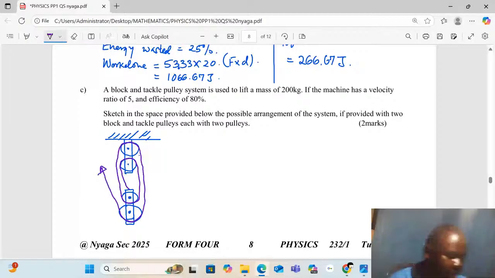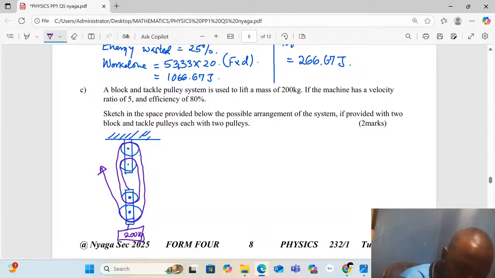So now, if you count this one properly, then we shall have the rope supporting. Remember, we have been told that it is lifting a mass of 200 kg.